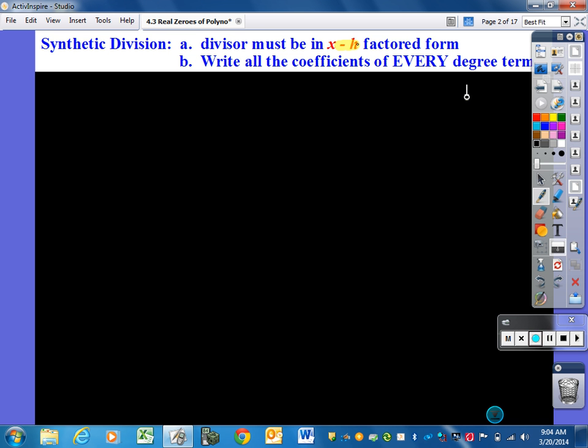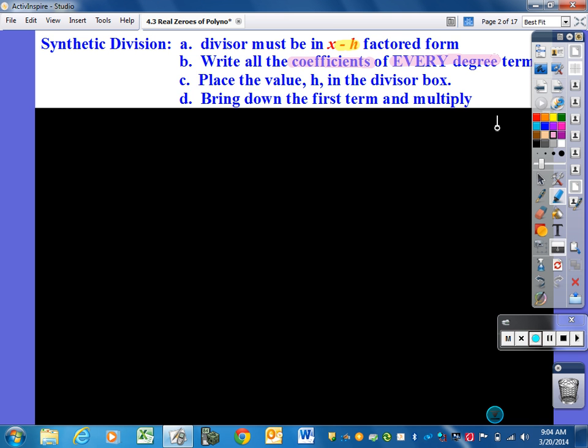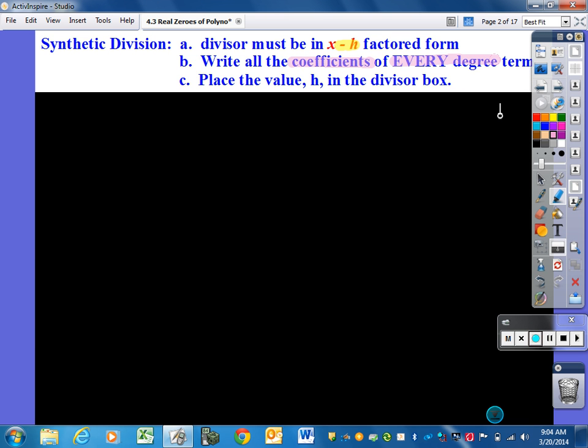We have to do this in synthetic division as well. But instead of writing the whole polynomial, we are going to just write the coefficients of every degree. As I said, we will be placing h in the divisor box. What is behind your minus sign?